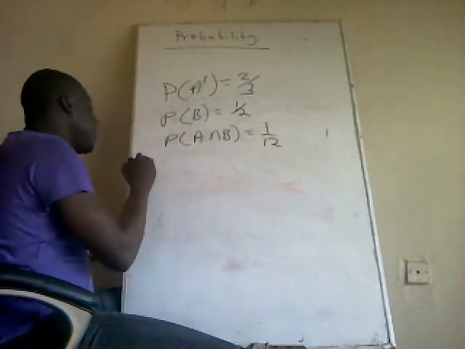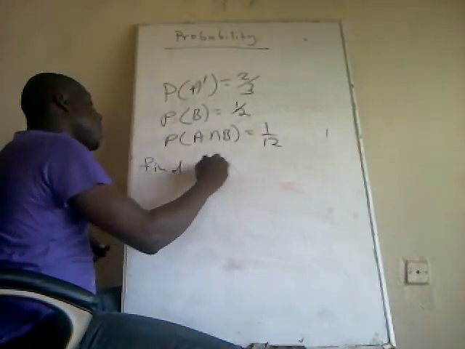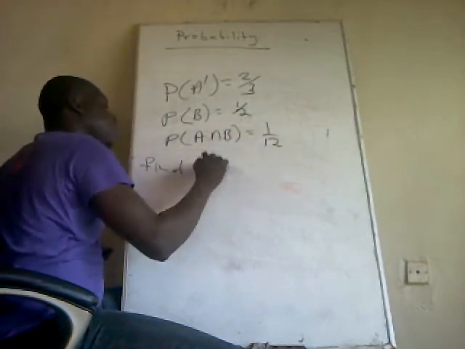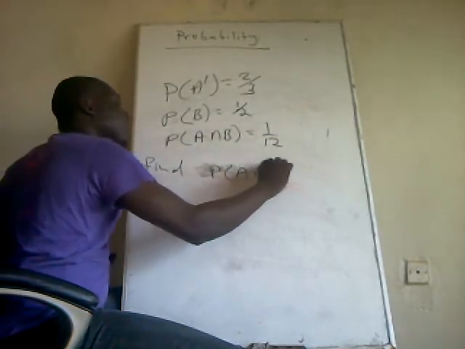We are supposed to find the probability of A union B.